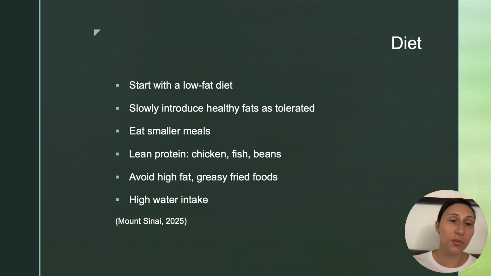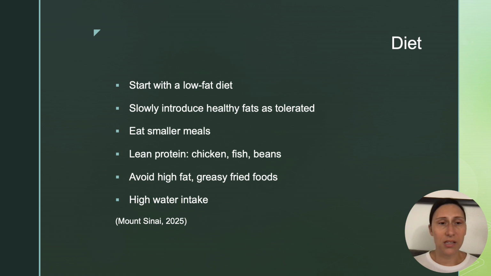When they do eat protein sources, we want our patients to eat lean protein sources such as chicken, fish, tofu, beans. Patients need to avoid all high-fat, greasy, fried foods. And then also, we want our patients to increase their water intake.